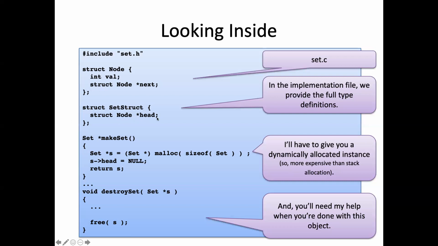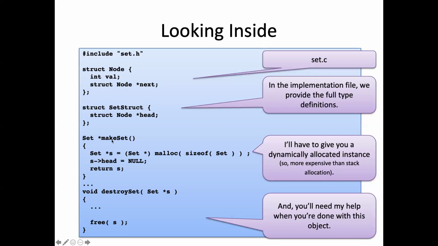So here I fill in the definition of a set struct. Here's where I say, oh yeah, it's got a head pointer and that uses node. But since I never talked about node in the header, I didn't have to define it in the header. So all this is now hidden in the implementation file. Client code is insulated from changes to this.